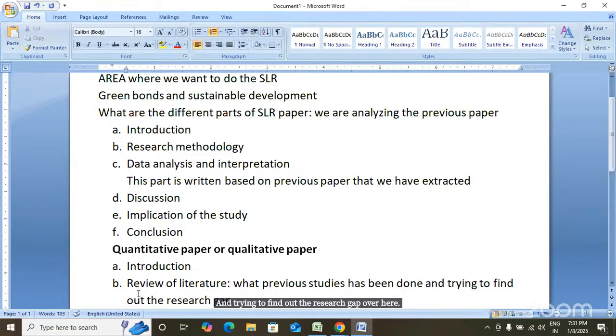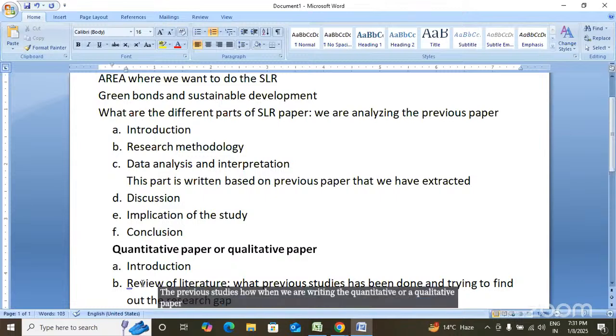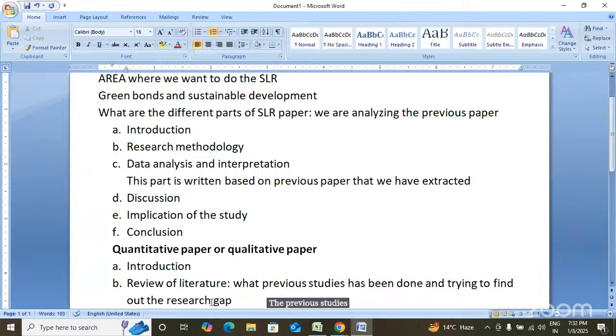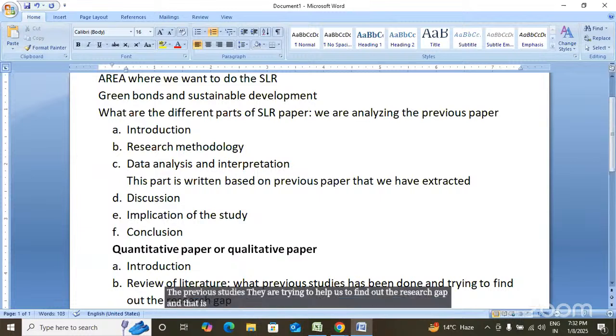The previous studies help us to find out the research gap, and that is why we are mentioning it over here.